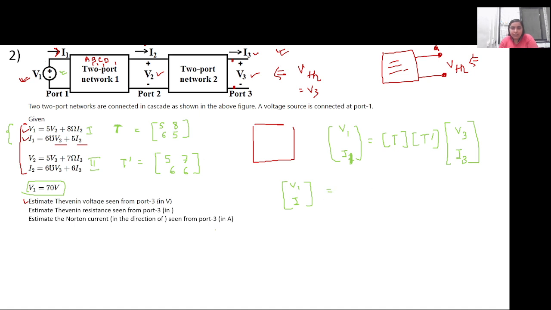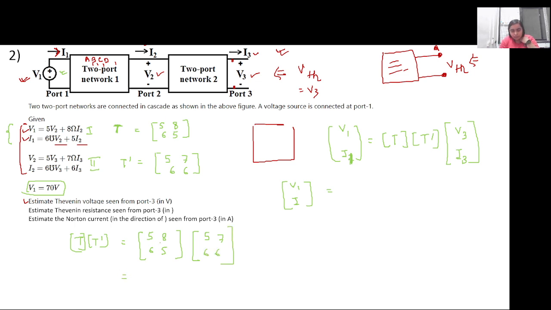So let's calculate T into T prime. These two matrices we just have to multiply. So this is 5, 8, 6, 5 and 5, 7, 6 and 6.